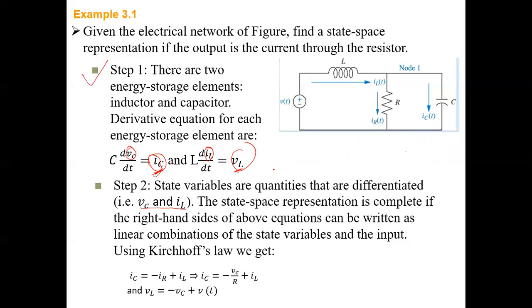Now your goal is to write those as a linear combination of state variables and input. IC and VL have to be written in terms of VC, IL, and VT. These two are what? State variables. This is the input.